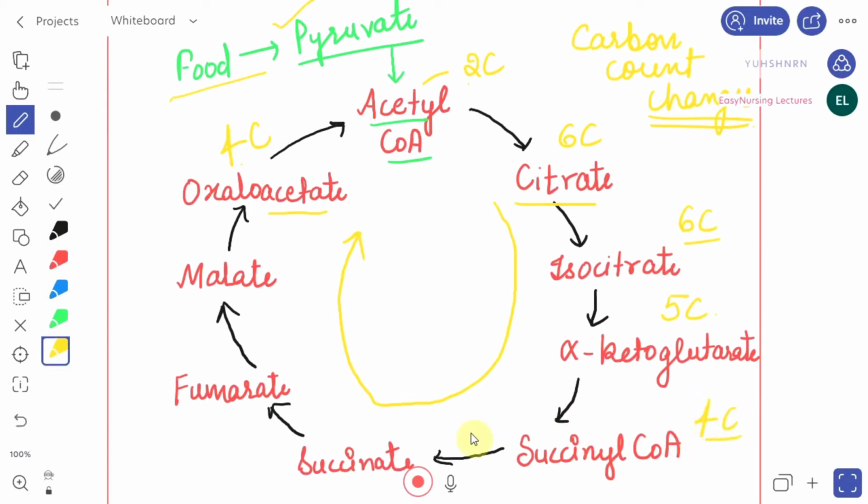So from here onwards it will be 4 carbon, 4 carbon, 4 carbon, and in the end oxaloacetate is a 4 carbon product. So acetyl CoA 2, 4 plus 2 then 6, also 6, then 5, and then 4, 4, 4, 4 and so on until oxaloacetate. So this will be the total carbon count change that occurs here.